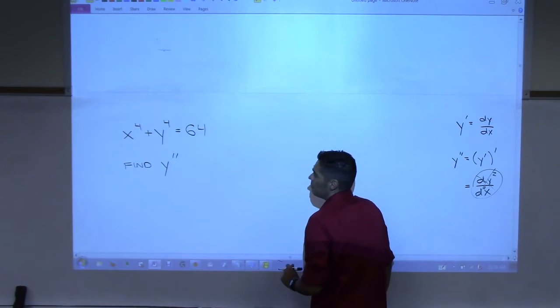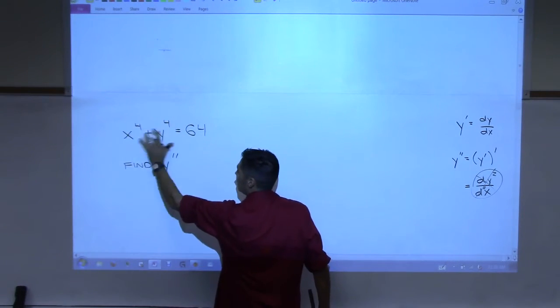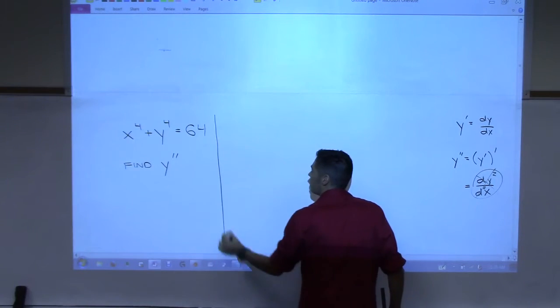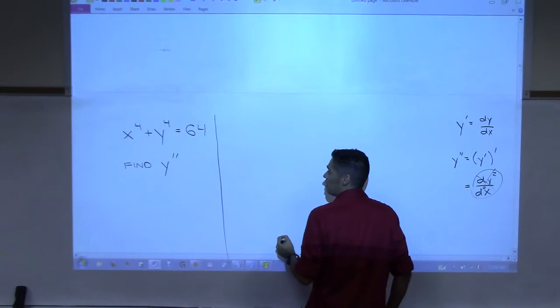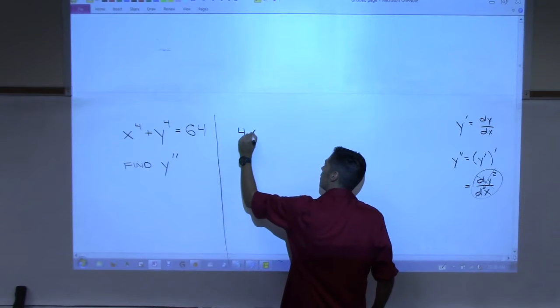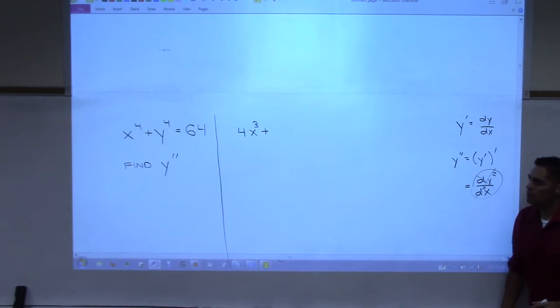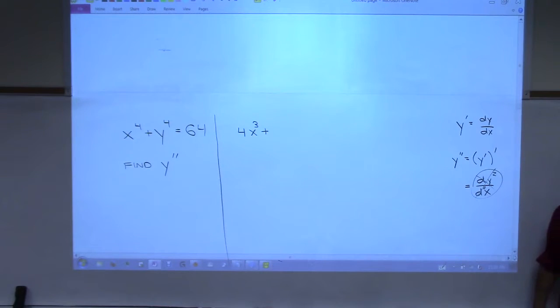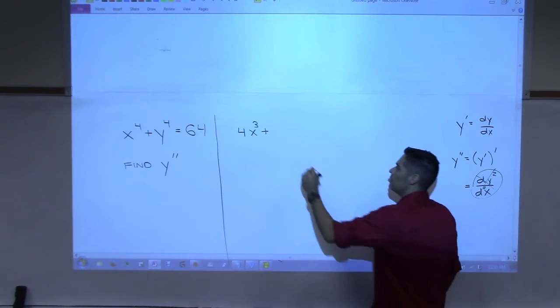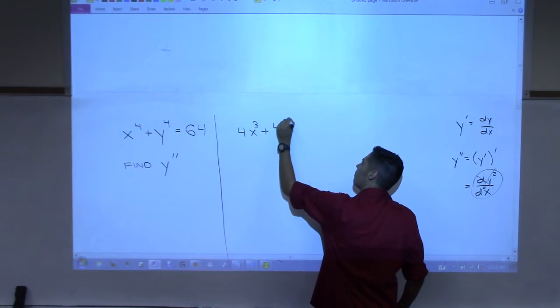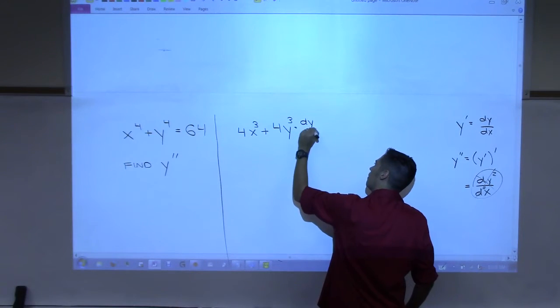Okay, here we go. I'm going to differentiate the left and right hand sides. So the derivative of the left side with respect to x is 4x cubed, and there's nothing fancy there, right? Plus 4y cubed times dy dx. That's it.